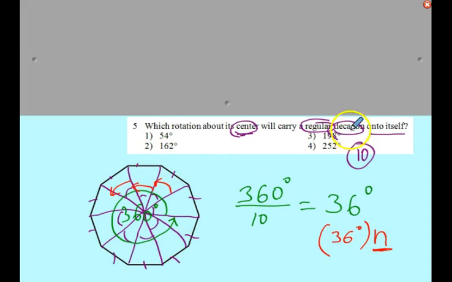You do not see the answer 36 in the choices because one of these is meant to be the multiple of 36. So you just have to see if a number is divisible by 36. The only number that is divisible by 36 is 252, and that is why that is the answer.